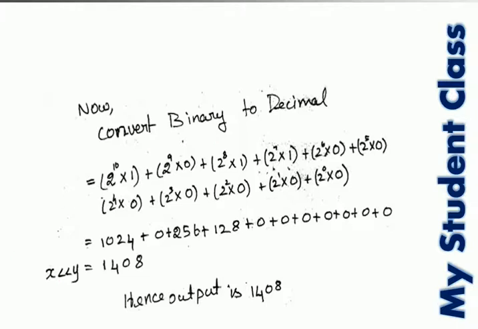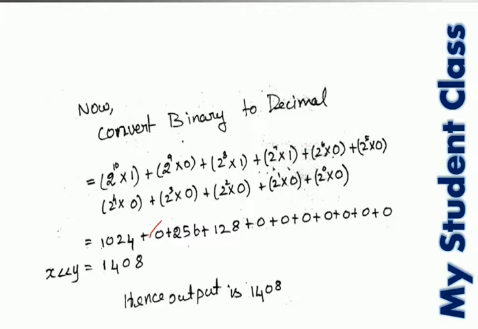Now we know that 2 power 10 is 1024, so 1024 into 1 gives 1024, and 2 power 9 into 0 is 0, since anything multiplied by 0 is 0. 2 power 8 is 256 into 1, so 256, and 2 power 7 is 128 into 1, so 128.